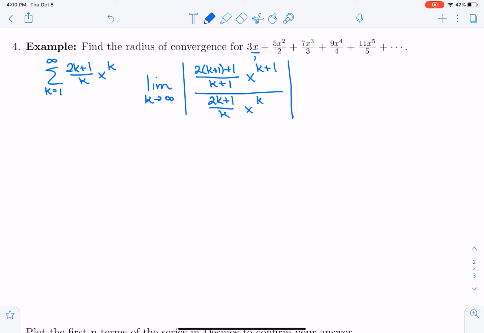Now, x to the k plus 1 over x to the k gives us just x, and we put that in absolute value and bring it outside the limit because it does not depend on k. So we're left with the limit as k goes to infinity of 2k plus 3 over k plus 1, and then we multiply by the reciprocal of the denominator, which is k over 2k plus 1.